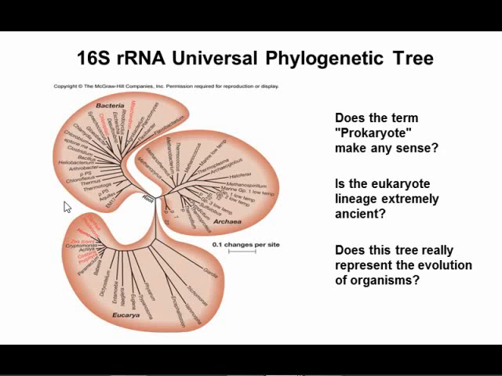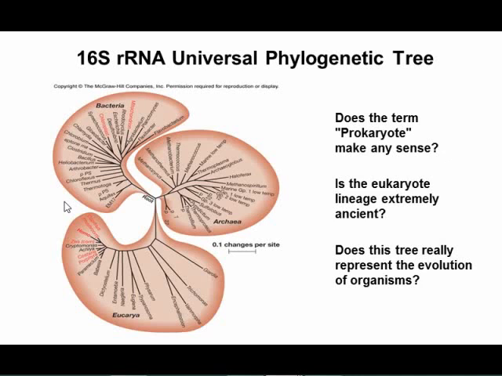Another thing that seems to be indicated by this tree is that the eukaryote lineage must be very, very ancient. Why do I say that? Because in a phylogram, the branch length is correlated with the evolutionary distance between taxa and between nodes in the tree.